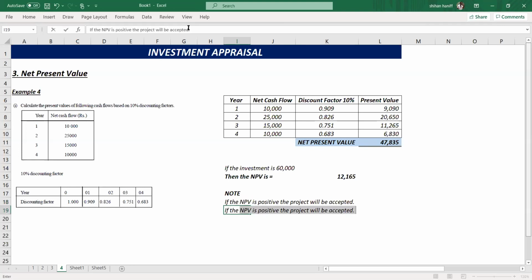If the NPV is negative, the project will be rejected. So always NPV should have a positive.